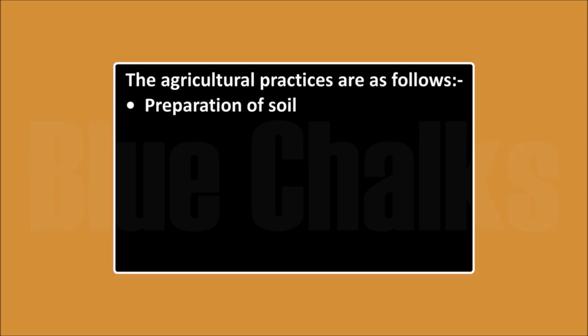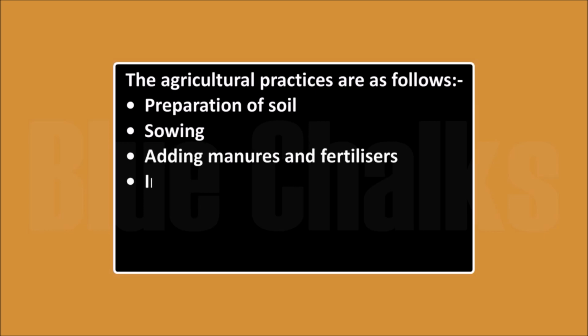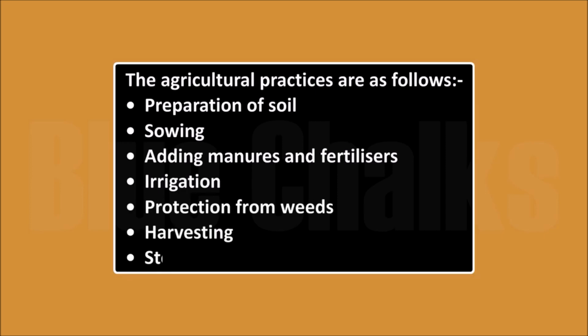The agricultural practices are as follows: preparation of soil, sowing, adding manures and fertilizers, irrigation, protection from weeds, harvesting, storage. Here we will discuss each agricultural practice one by one.